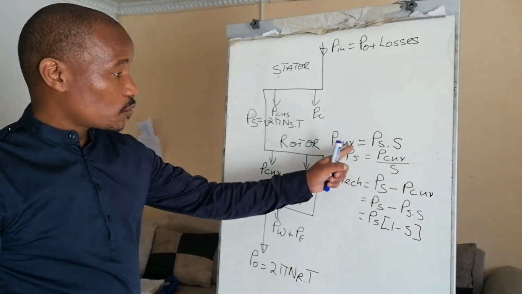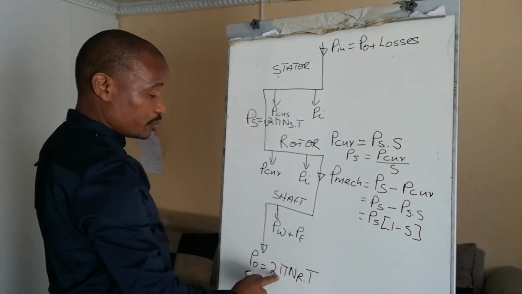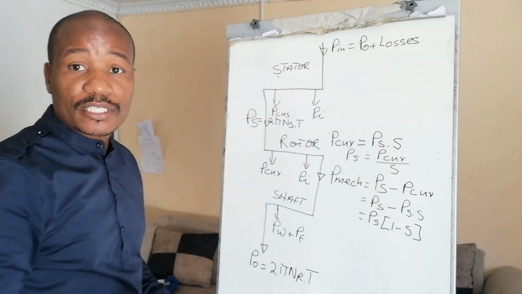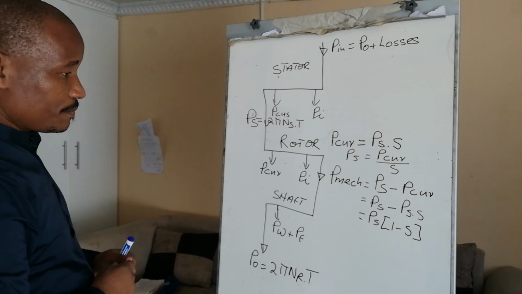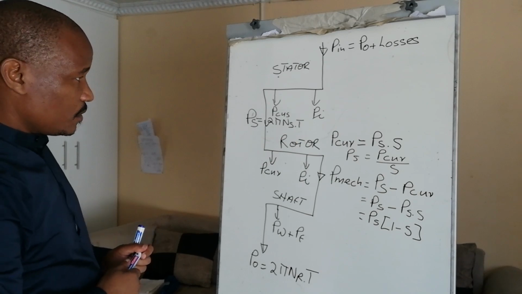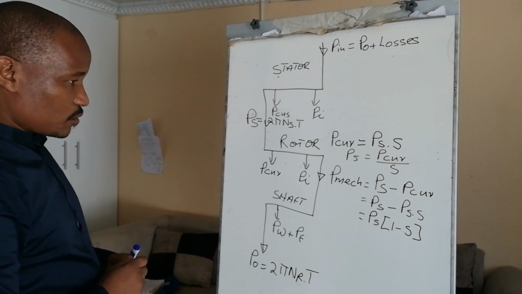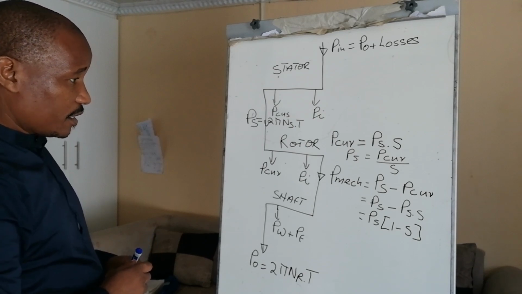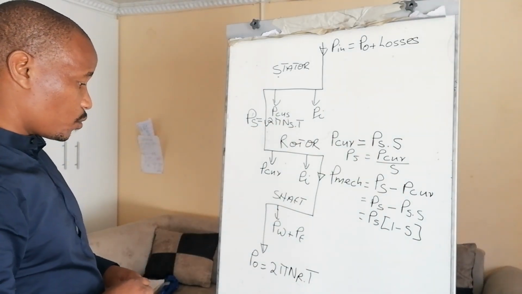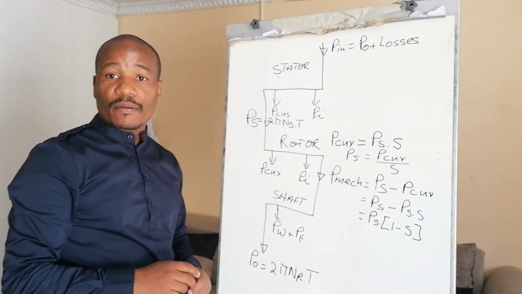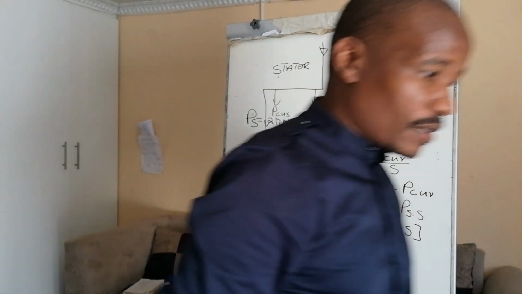The reason you have to know the formulas for the losses is that you have to add them to the output in order to get the input. That's why you have to calculate this. So let's take problems now to calculate the efficiency of the motor.